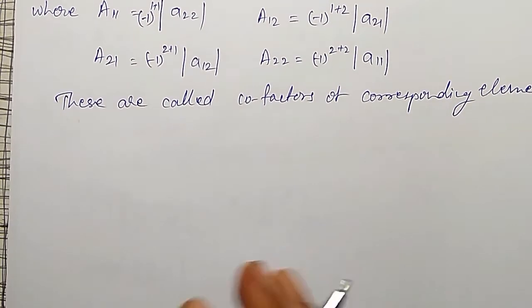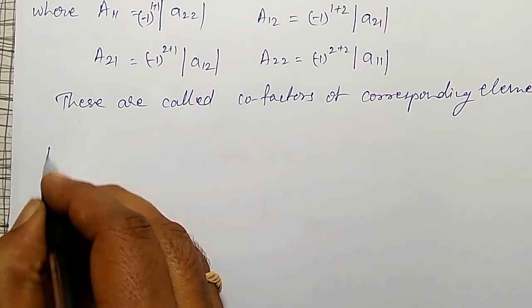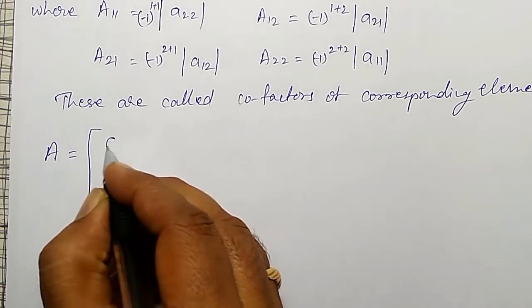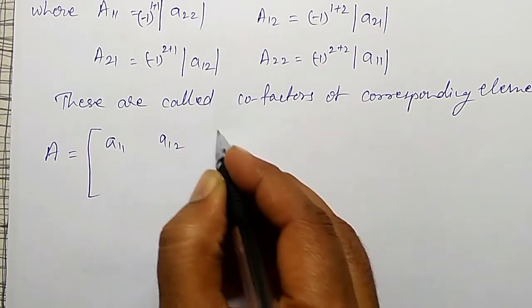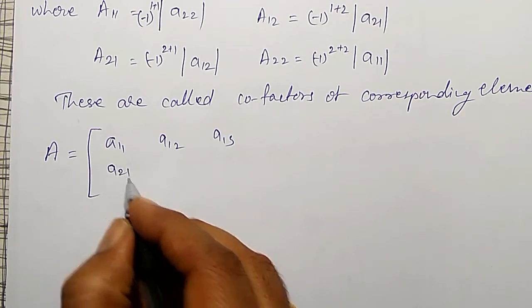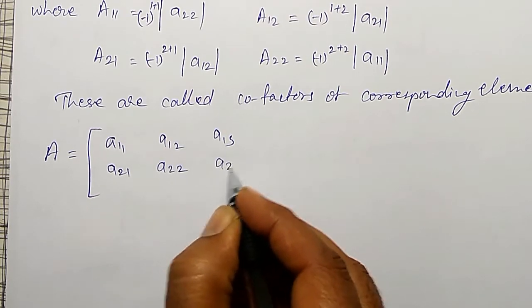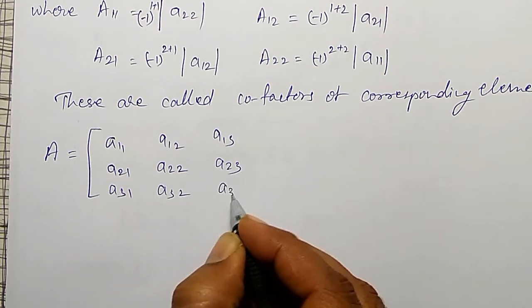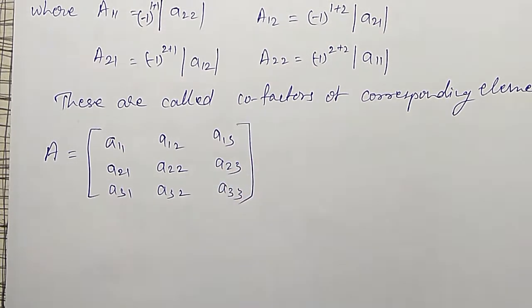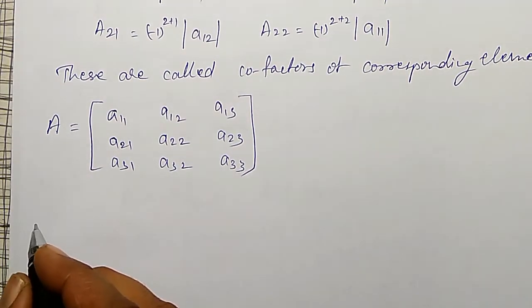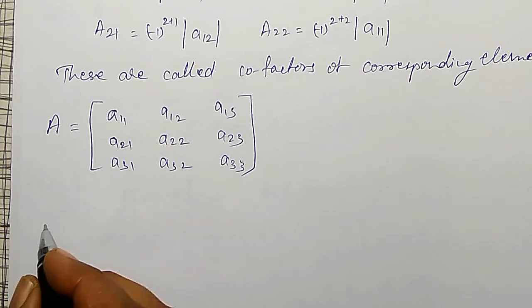Like that for 3 cross 3, what happens? Let me take another matrix. Let me denote it by the same A11, A12, A13, next A21, A22, A23, A31, A32, A33. Then the adjoint of this matrix A, I will write directly in matrix form.